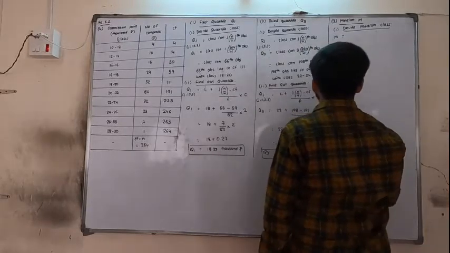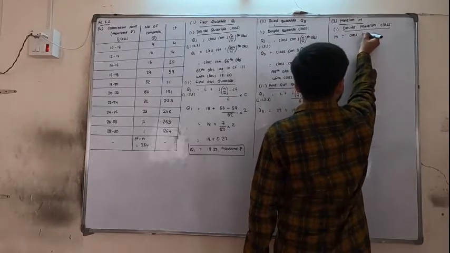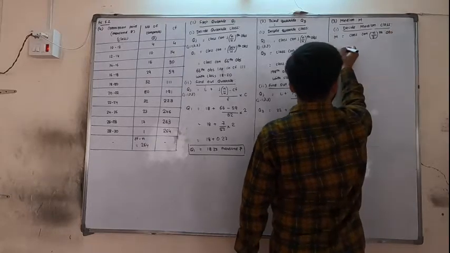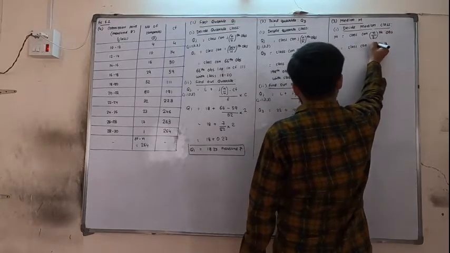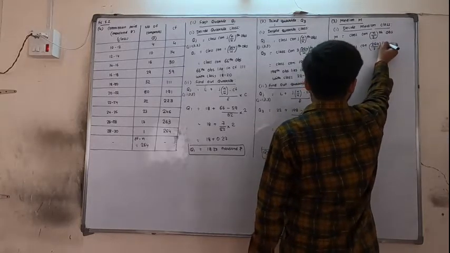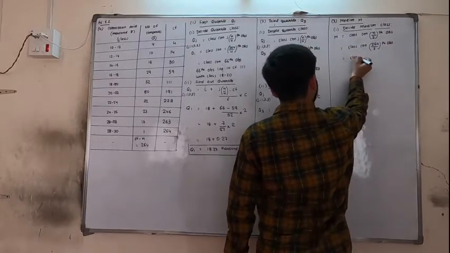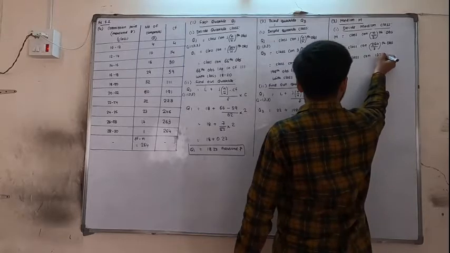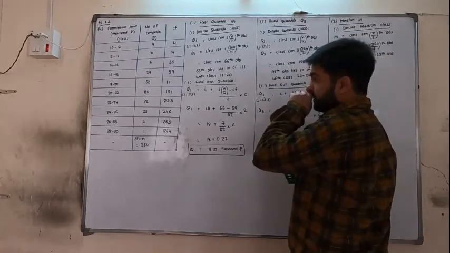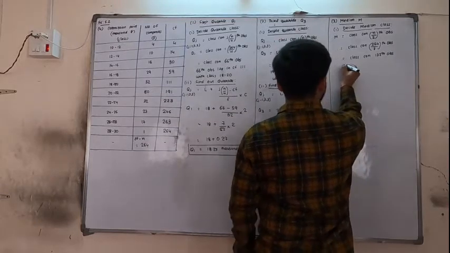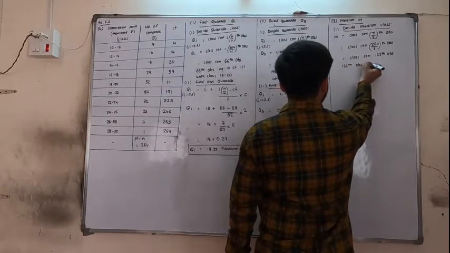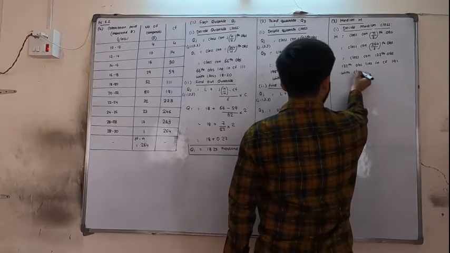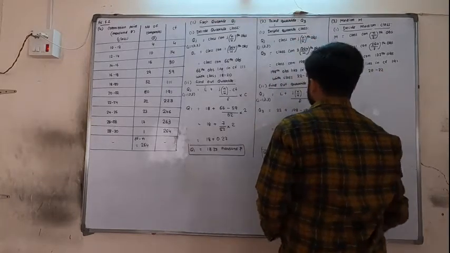M equals the class containing the n by 2th observation. The class containing 264 divided by 2, the 132nd observation. The 132nd observation lies in CF 191, with class 20 to 22.